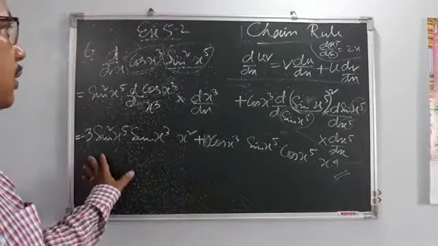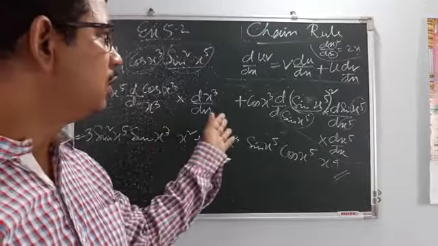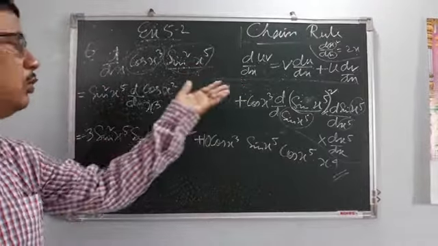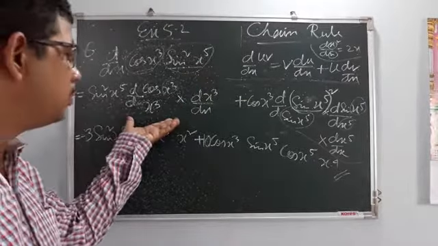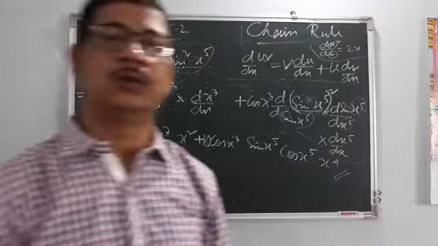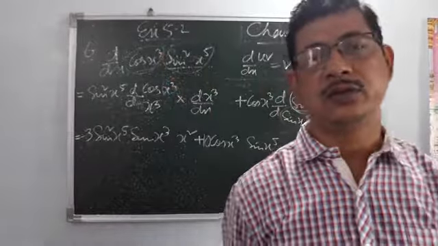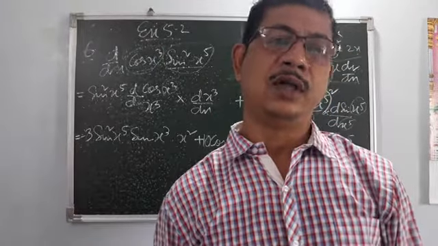So I expect you have learned this one, how to use it. First here the u into v form is used, and then here the chain rule a single time, but here it is used 3 times. So with the expectation that you understood this nicely, that much for today.